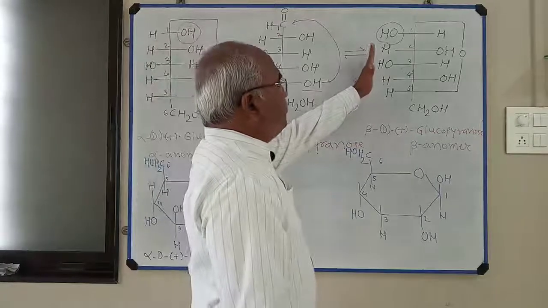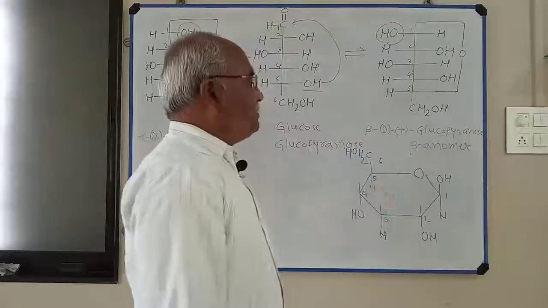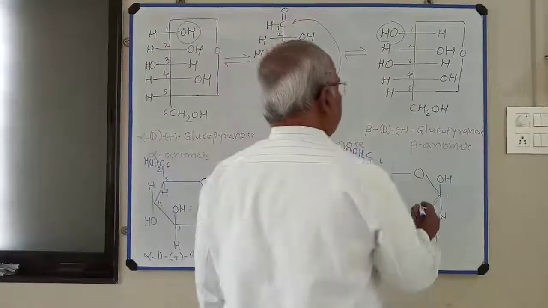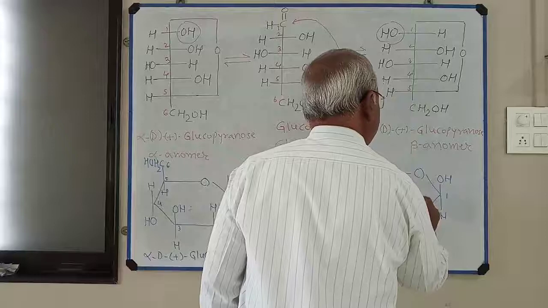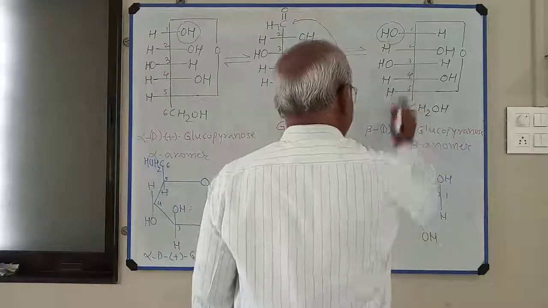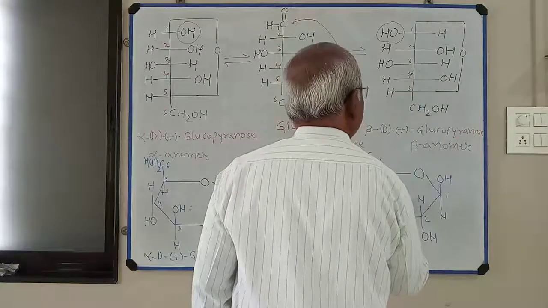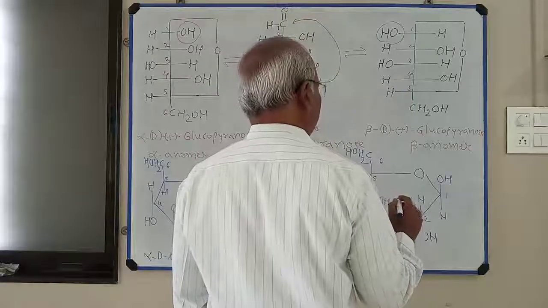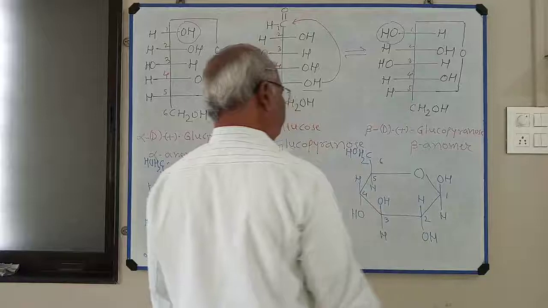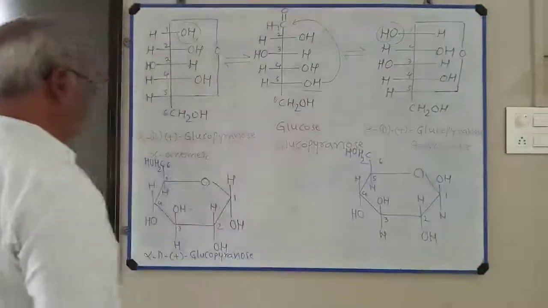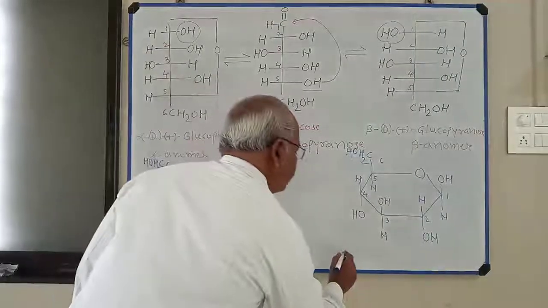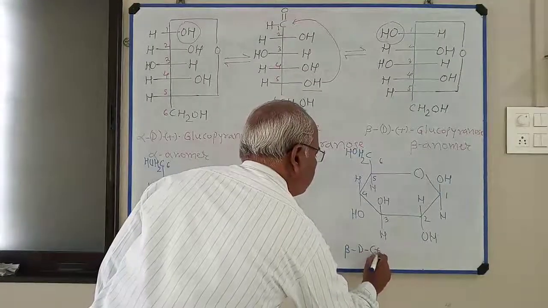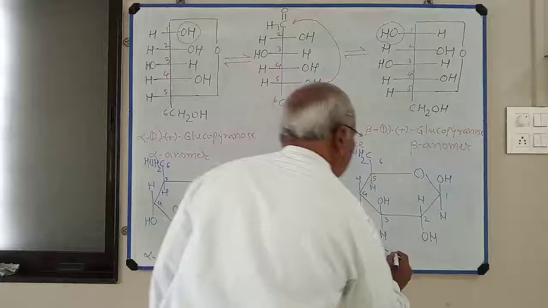The groups which are present on the left are represented upwards. Here number 2 hydrogen, number 3 OH, number 4 H. Check this. This is beta D plus glucopyranose.